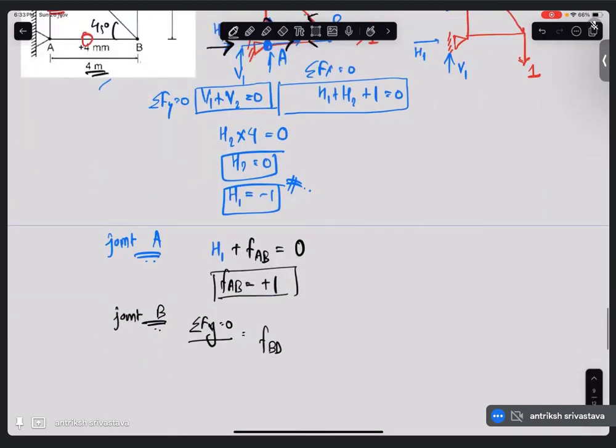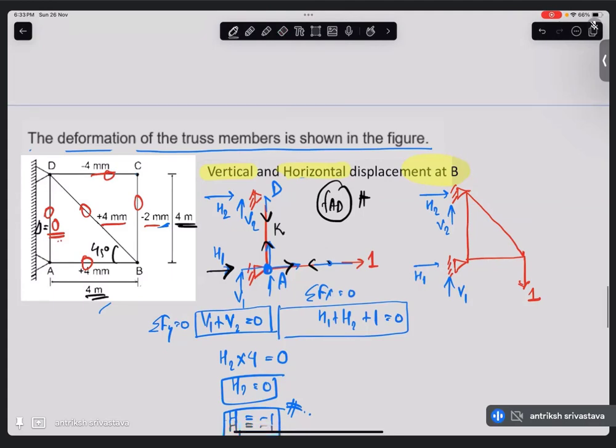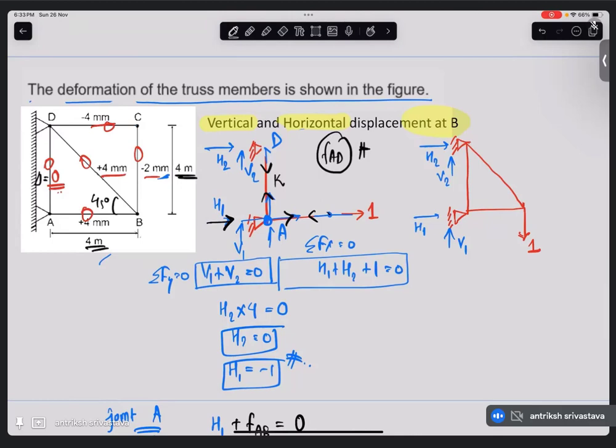FBD sine of 45 degree is equal to 0, because there is nothing to balance that. So FBD is also 0. Very good, so even this member is gone. This member has some k force, but we do not care because delta is 0.